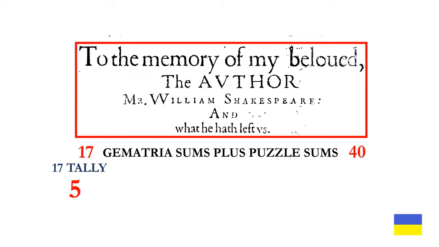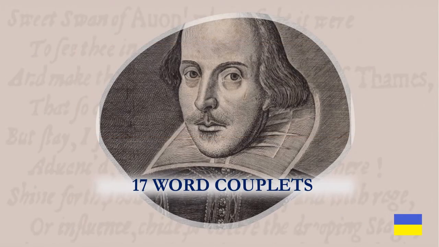In this title alone, we have Gematria sums plus puzzle sums that feature the numbers 17 and 40 for a 17 tally of 5. Now I will introduce you to the 17 word couplets on page 1.